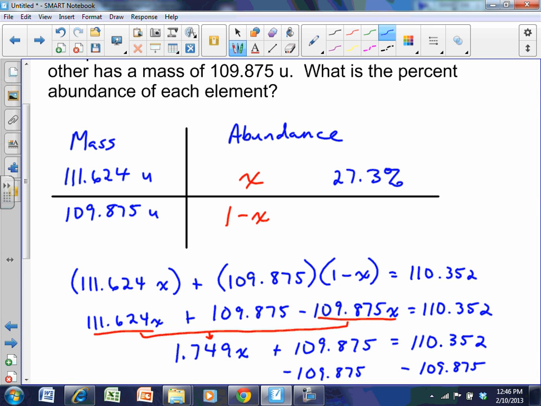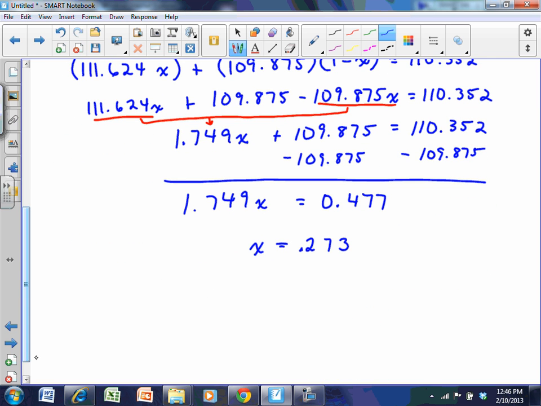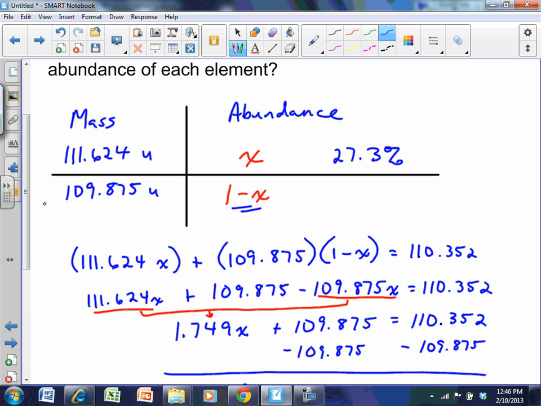And then the other isotope is 1 minus X, so 1 minus 0.273 is the percentage of the other one, which is 0.727, or 72.7%. So that's just a little twist on your normal average atomic mass problem.